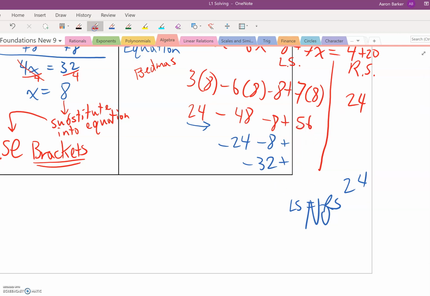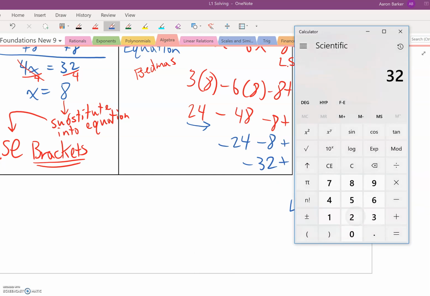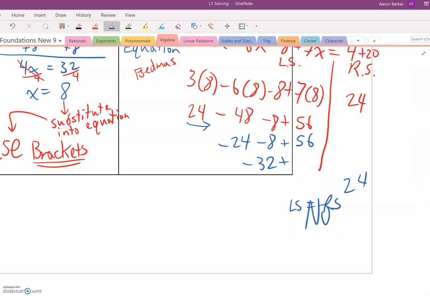So this should stay as a 56. And so I get negative 32 plus 56. Voila, 24. So I get 24. And so what I can say now is 24 equals 24.